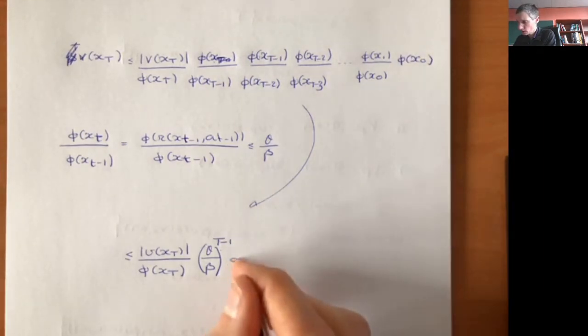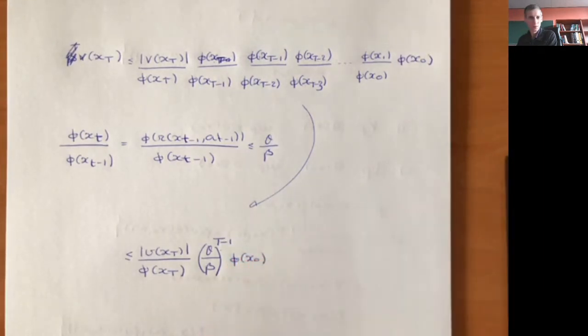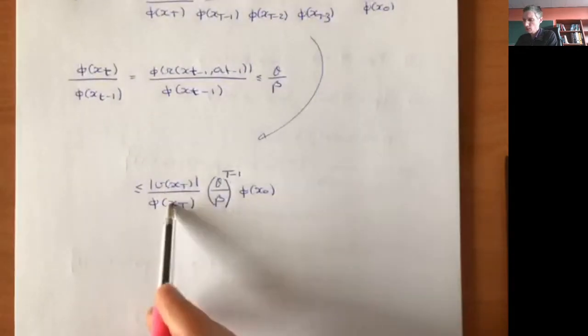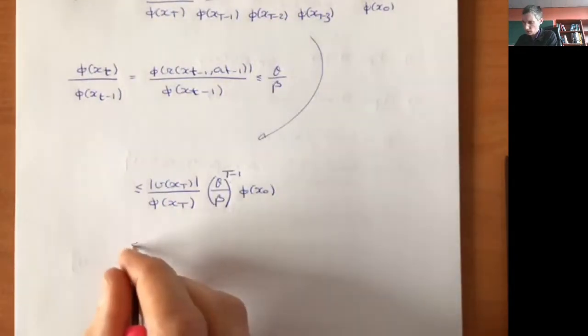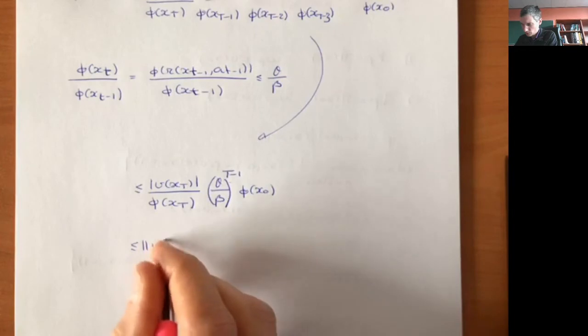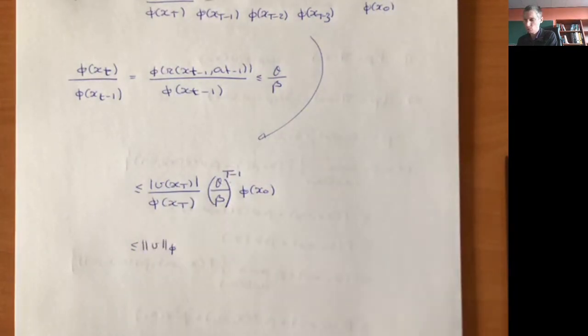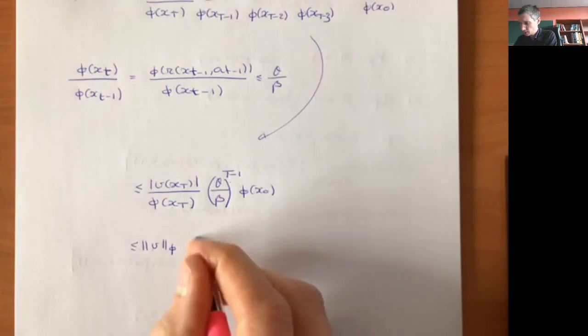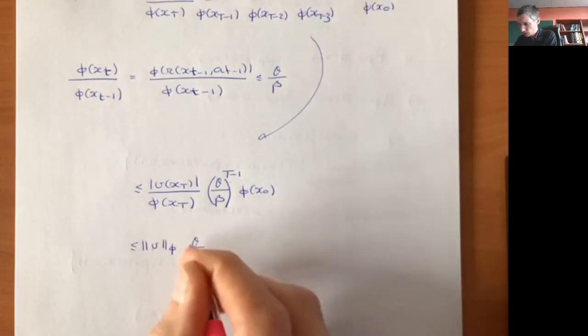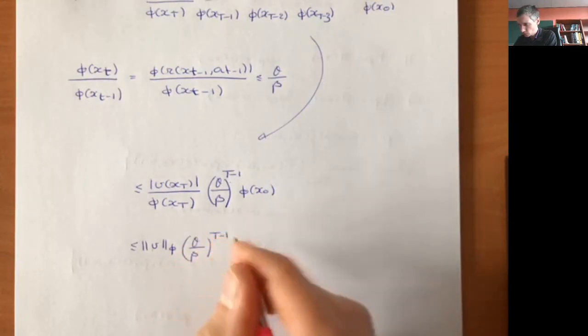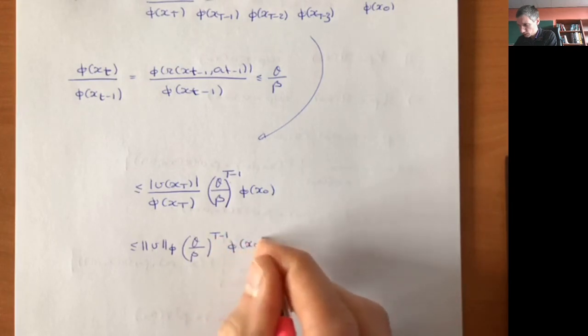Okay, and then phi x0 at the end. Now this here, this is less or equal to the phi norm of v, because this phi norm is a supremum and this is just 1. Then I have theta over beta to the power t minus 1, and then phi of x0.